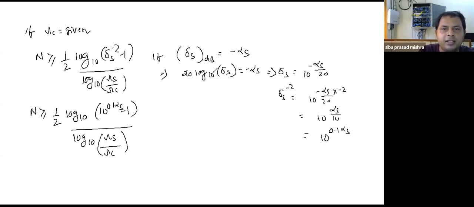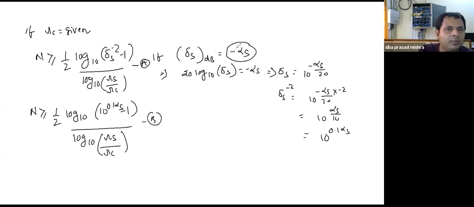If in the exam delta is given directly, you use formula A, or if delta is given in dB, then use equation B. Both are the same. The first one is the linear value, and the second one is the dB value.